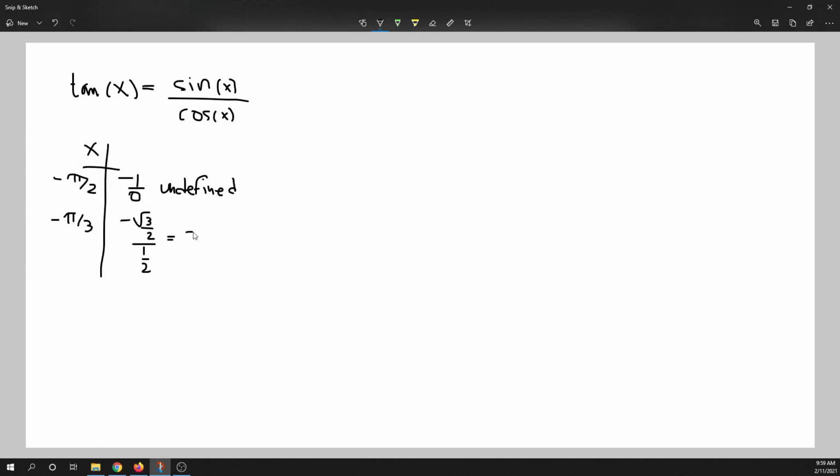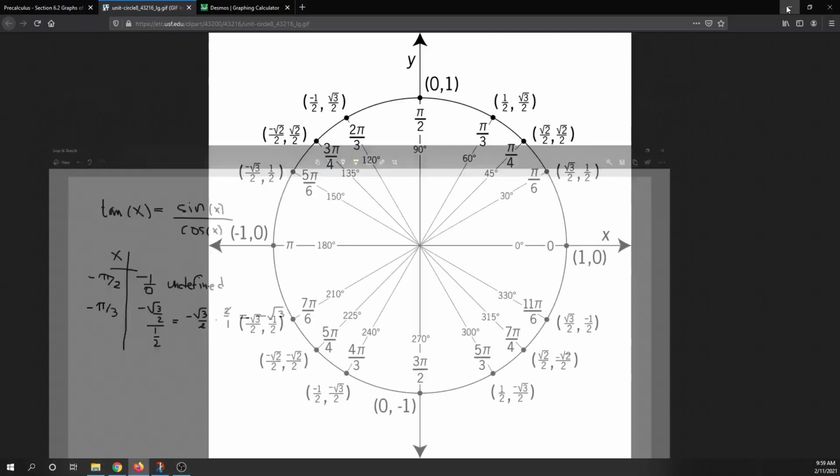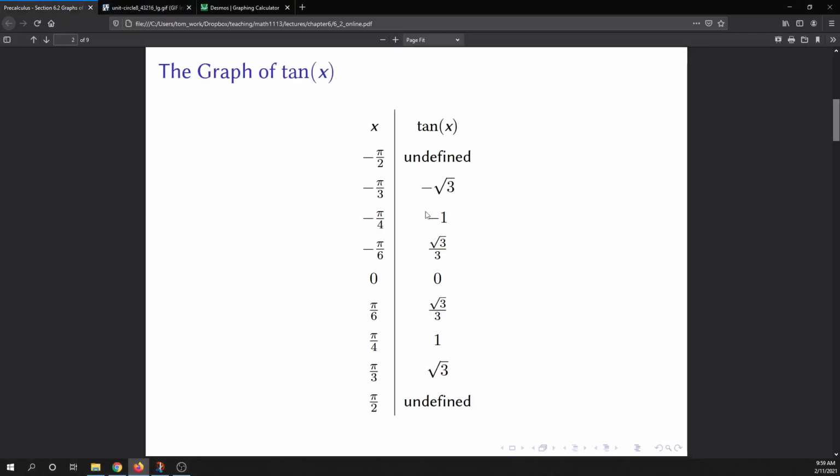And so that's going to be negative square root 3 over 2 times 2 over 1. And that's going to come out to be, these 2's cancel each other out, and it will wind up to be negative square root 3. All right, and you can see that's the point that we have here, negative square root 3.